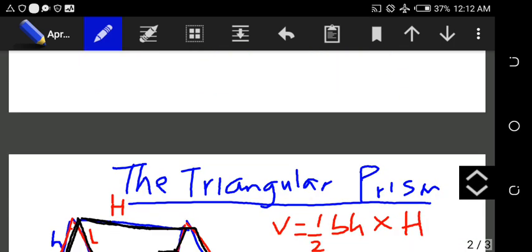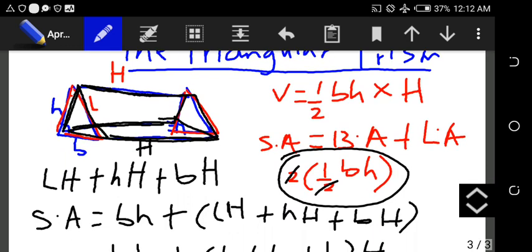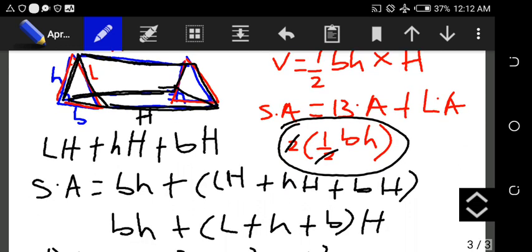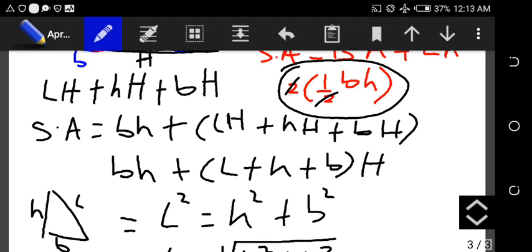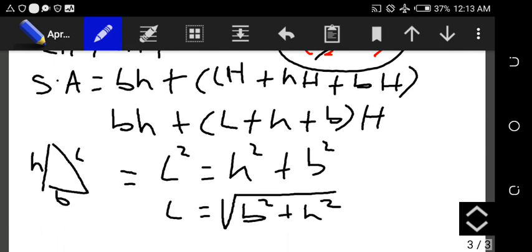And the last one we looked at was a triangular prism, which we saw that the volume is given by half base times height of the triangle times the height of the prism, while the surface area for it is given by the base times height into bracket, you have your L plus H plus B all multiplied by the H, the actual height of the prism.